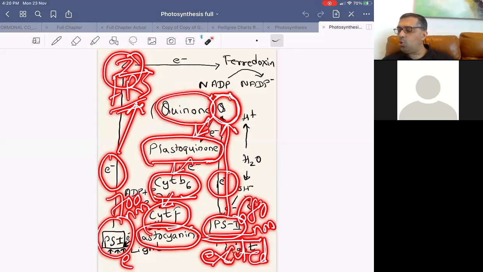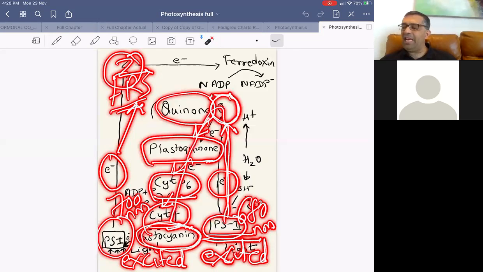PS1 is also in an excited state. Where has electron from PS2 gone? Towards plastocyanine. And where has electron from PS1 gone? To Z.